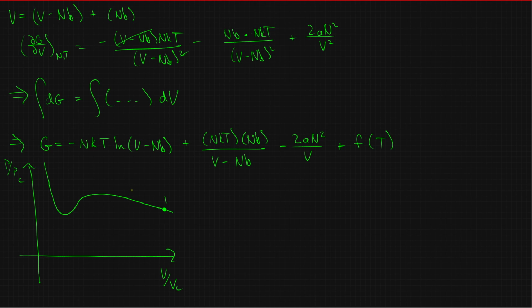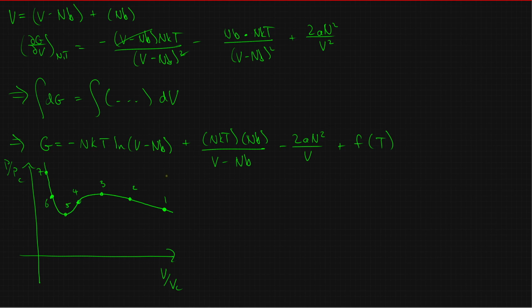So we're going to go from 1 to 2. We're just going to keep on compressing it to 3 to 4 to 5 to 6 to 7. Okay, so this is just some isotherm that is below the critical temperature, right?